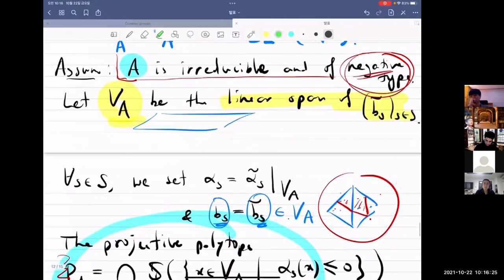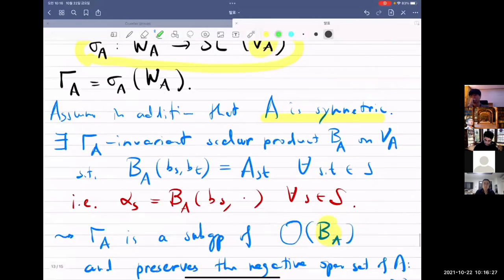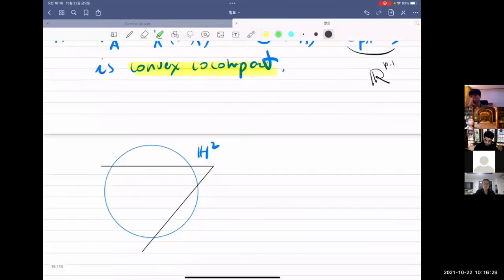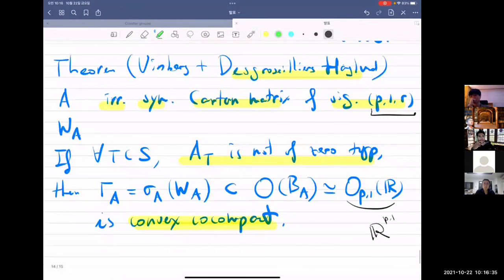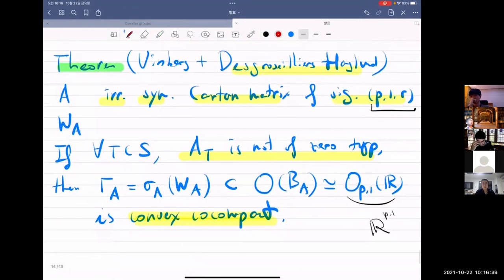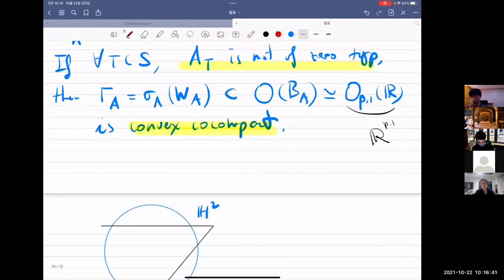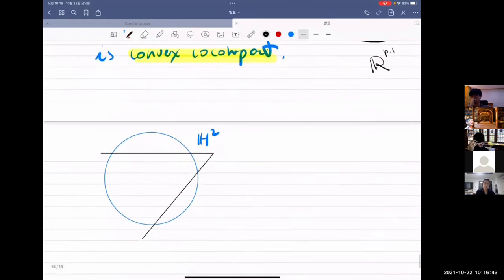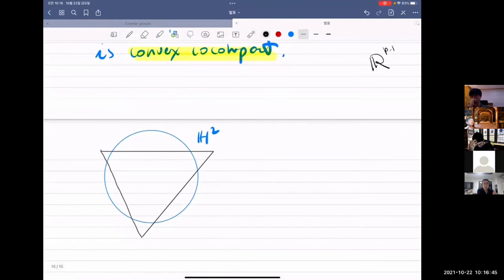Okay, so at least I want to mention what is the rough idea, the main idea, to show this convex co-compactness. So let's go back. Let's say this black one is my PA.